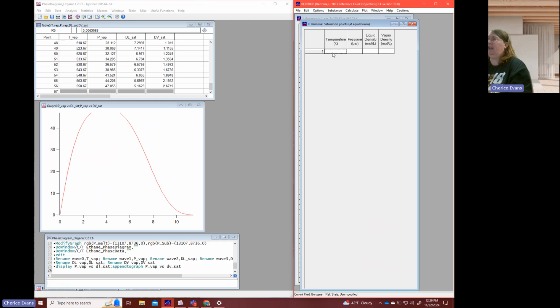and now I'm going to create a series of temperatures above 558 going towards 562.